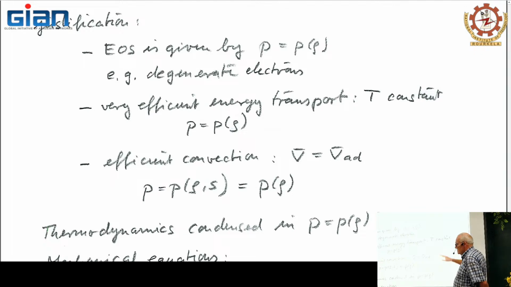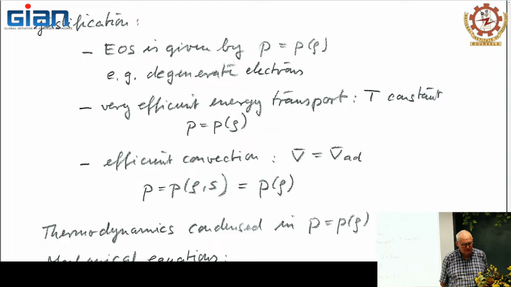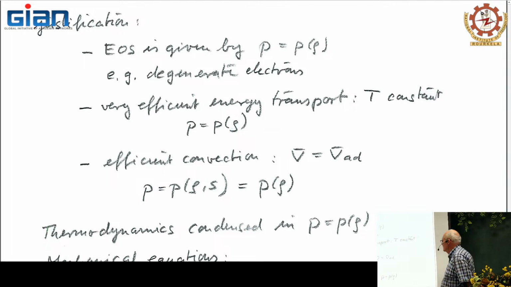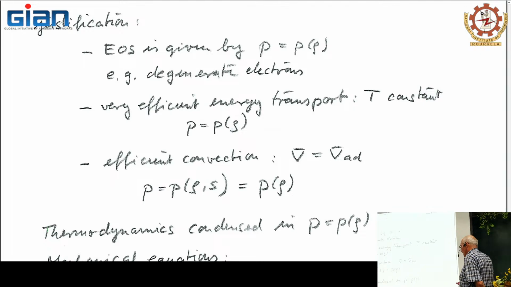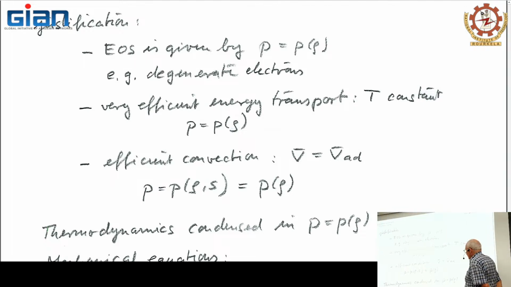For instance, if the energy transport is so efficient that we may assume that the temperature is constant, then if we have an ideal gas equation as the equation of state, there will be a relation between pressure and density.